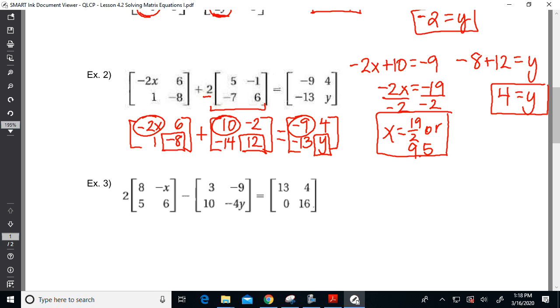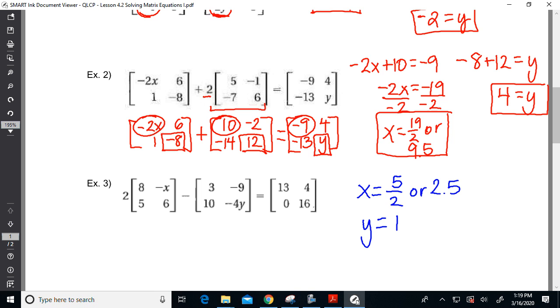If you solve that one correctly, you should get x equals 5 over 2 or 2.5, and y equal to 1. Again, feel free to email me if you have a question with regards to it. So that's just finding parts.